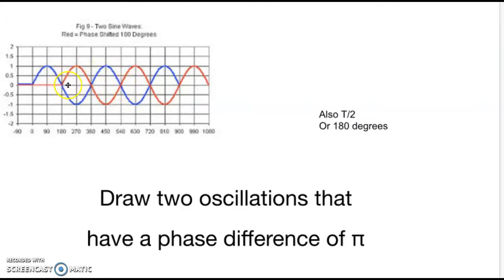So here we are. This is our T over 2 point, and that's when the blue one arrives at this point. And it's important that you see that arriving at this point means that the behavior is the same. The red one starts at equilibrium and goes up. The blue one starts T over 2 later and goes up.